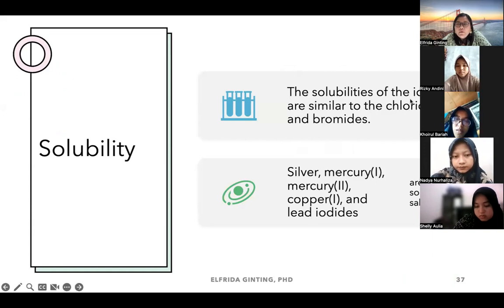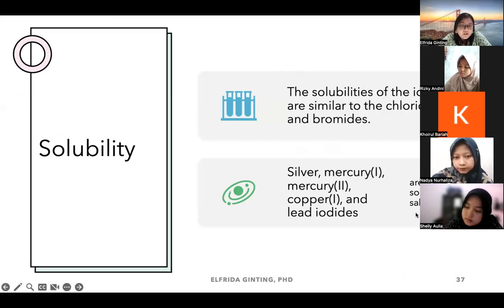The solubility of iodide is similar to chloride and bromide, where silver, mercury, copper, and lead we can consider as the least soluble salts.